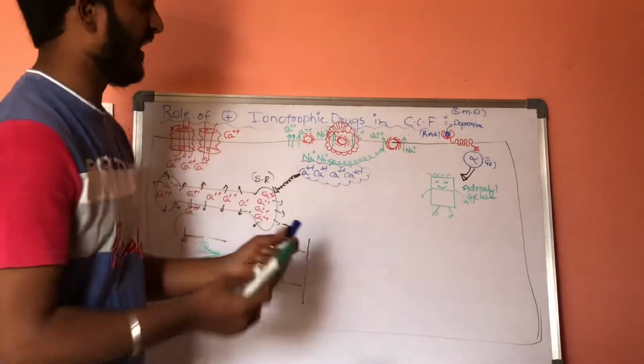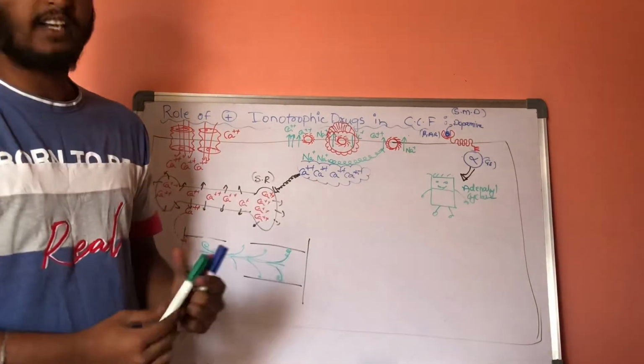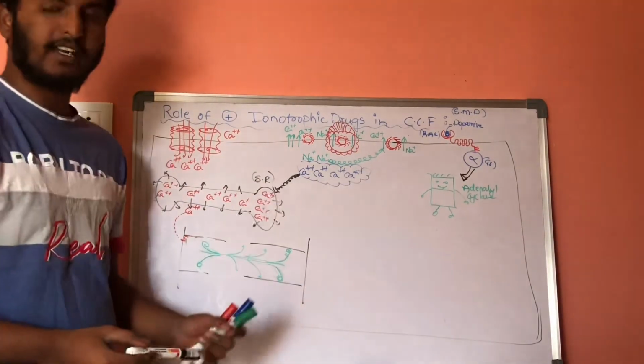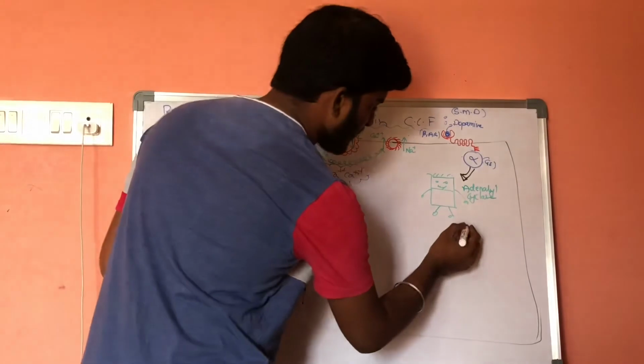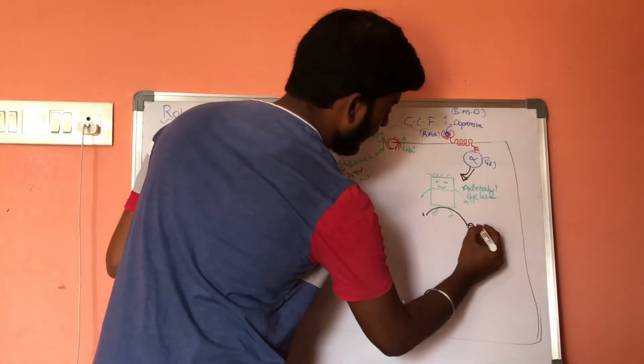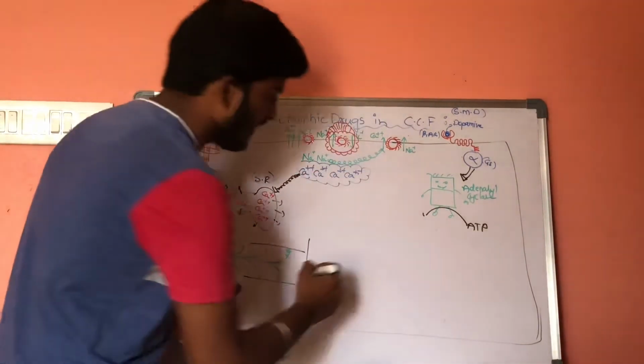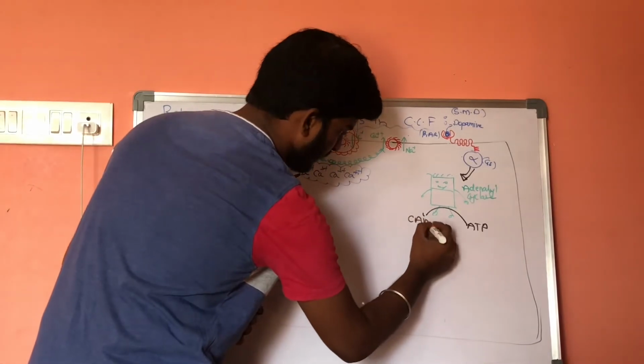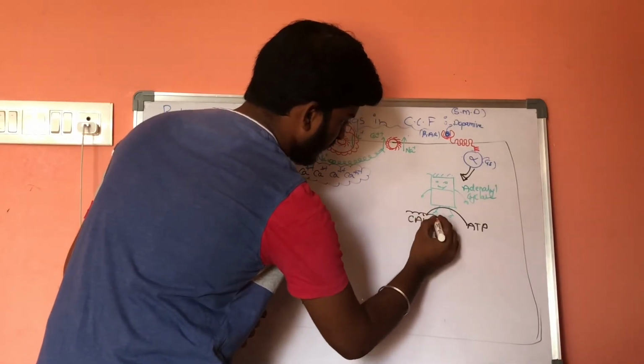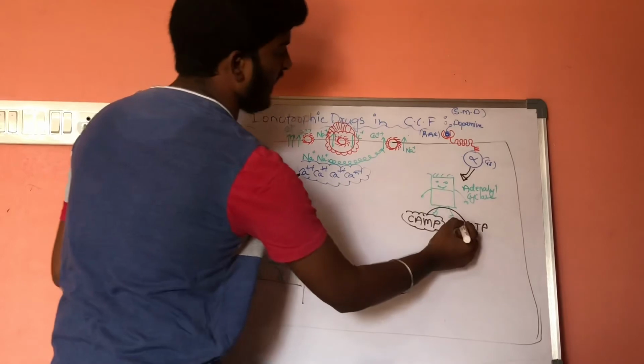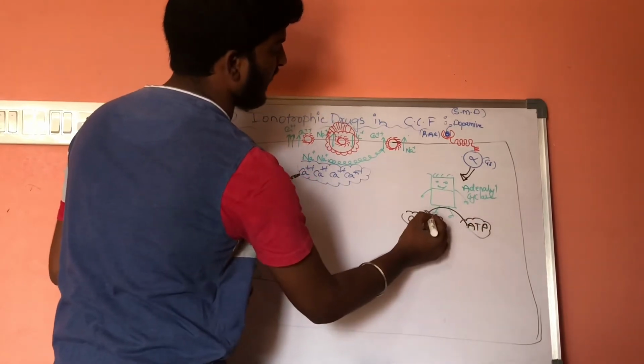Adenylyl cyclase will get activated. Whenever adenylyl cyclase is activated, its function is to convert ATP into cyclic AMP.